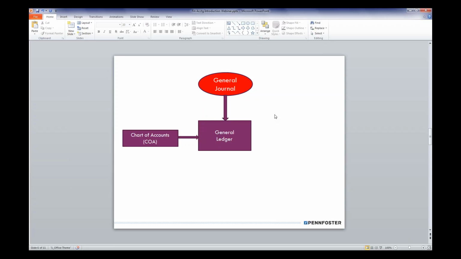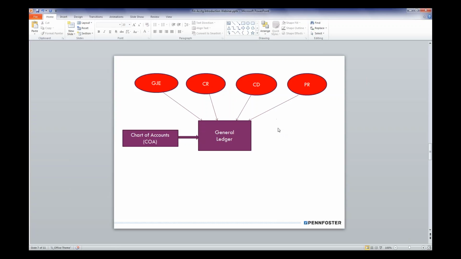Okay. Now, if we have a general journal, and let's just say we have a small business, let's say we have a 4-unit apartment building. Well, we're not going to have that many transactions during the course of a month. So we can put all of those transactions into the general journal and only have one general journal.